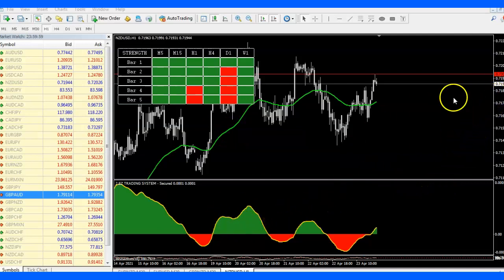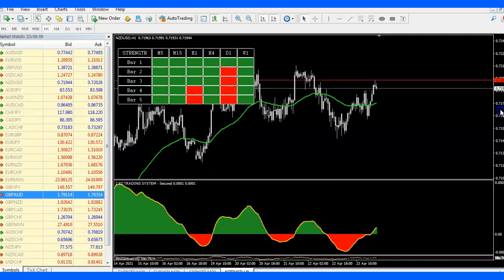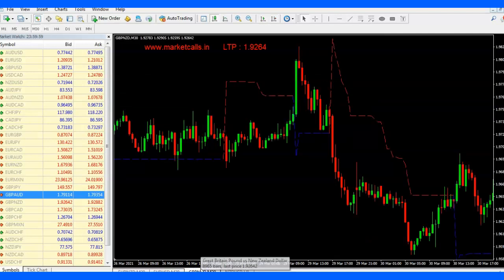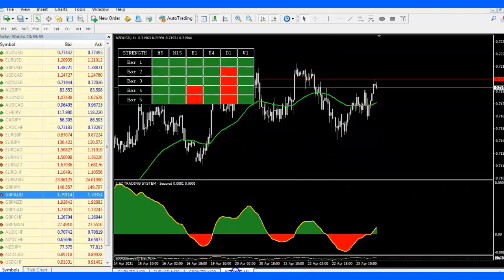If I have pairs lined up in the bottom right here, and I have the alarms set, it will send me the signals to my push notifications.